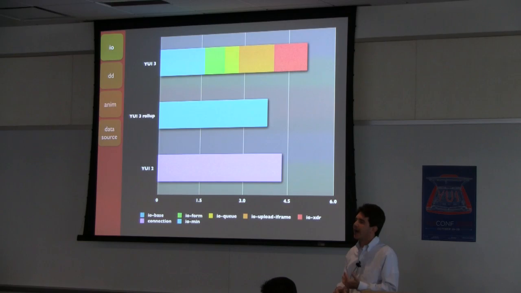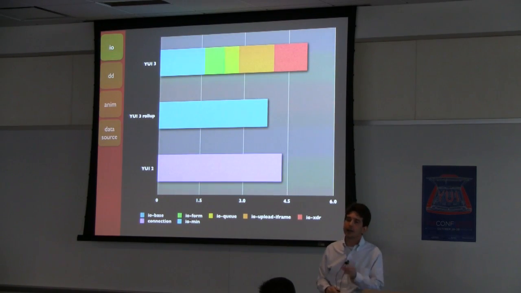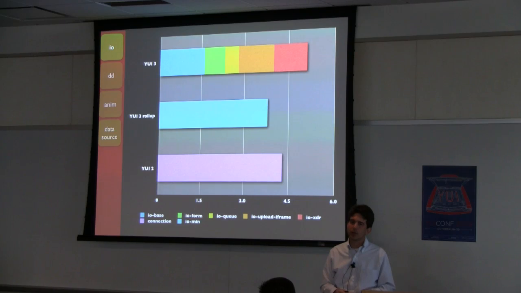You bring in what we call the I/O base submodule, and that's it. And you leave the rest on the table. And the good news is if you really did want the form handling, you can bring that in, and you just get that little sliver of code. So you're getting feature-specific granularity in the code that you put on the page.